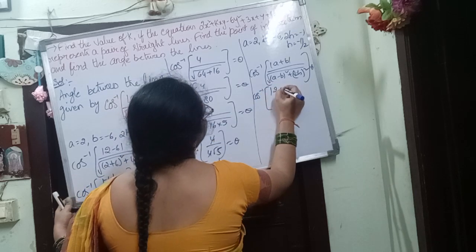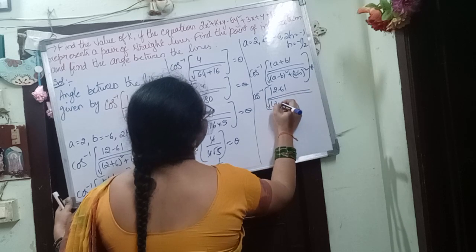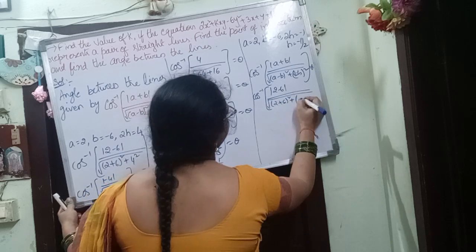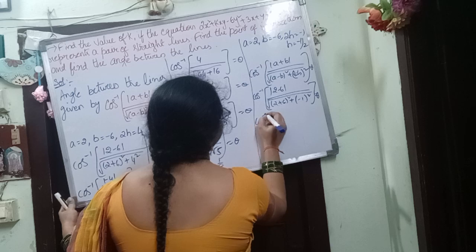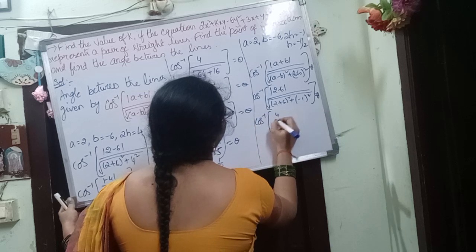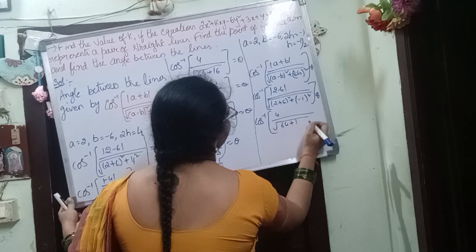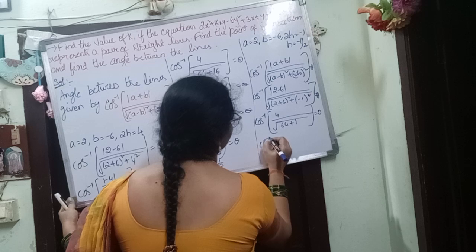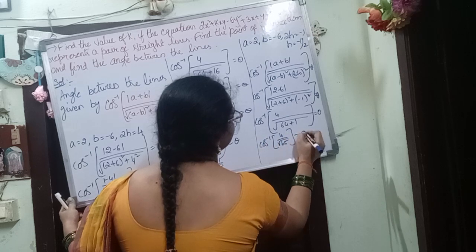Again you will get 2 minus 6 by root of 2 plus 6 whole square plus 2h, which is minus 1, whole square equals theta. Cos inverse 4 by root of 8 square, 64 plus 1, equals theta. So cos inverse of 4 by root 65 equals theta.